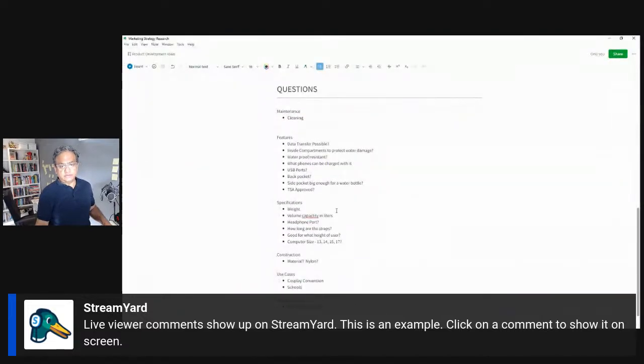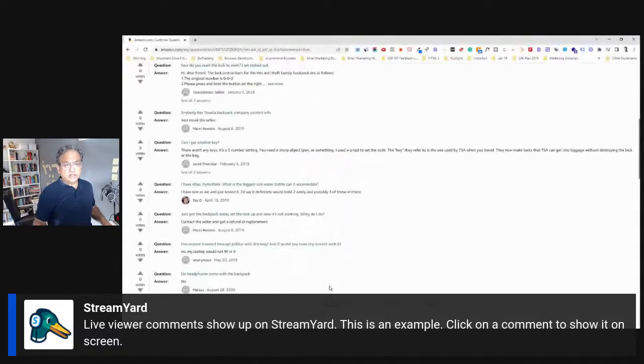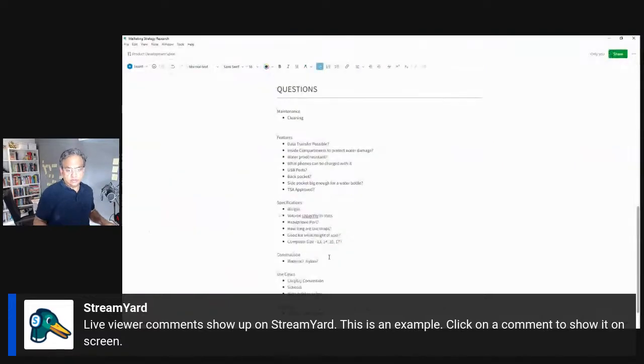Airline specific use cases, specifications, features, use cases with JetBlue, for example.